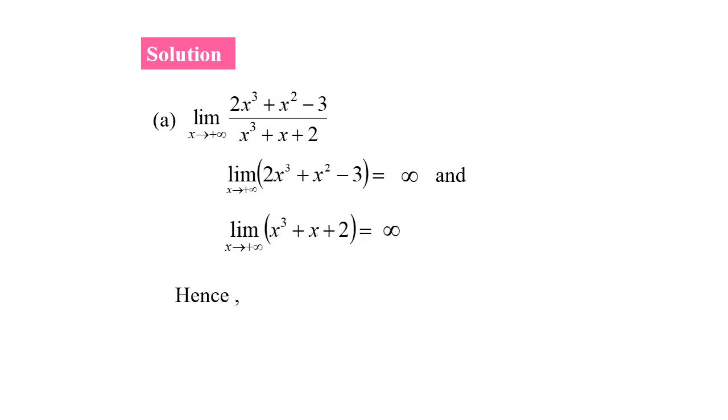So it will be infinity over infinity, and we cannot find exactly what the limit is. So what we can do now is determine the highest power in the denominator. Here we can see that x cubed is the highest power of the denominator. So everything in the numerator and denominator should be divided by x to the power of 3.